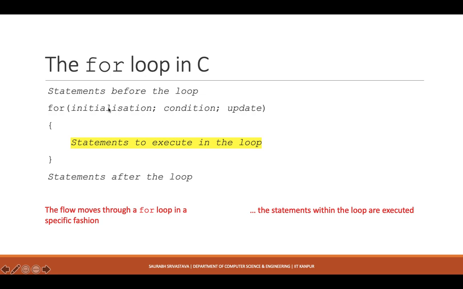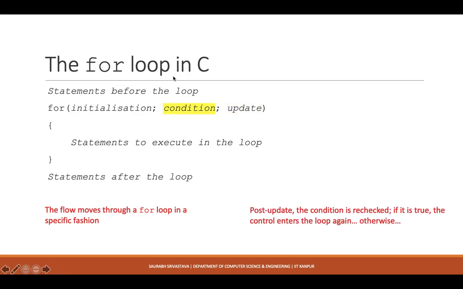So basically it starts with initialization, then the condition is evaluated. If it is true, the statements within the loop are executed. Then once all these statements are executed, the control flows back to this point where whatever update statements are there, again you can have more than one update statement here, separated by a comma, those updates will be performed, and then again you'll go back to the same place.